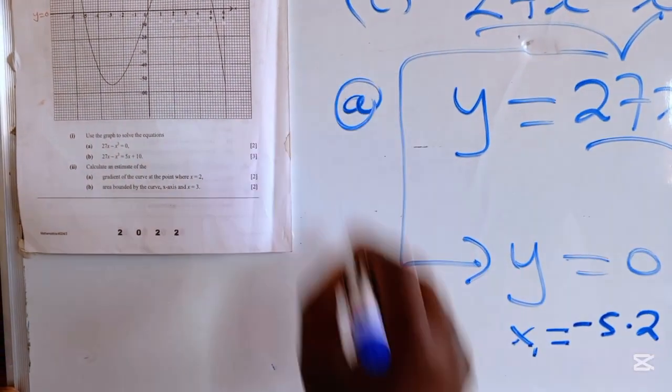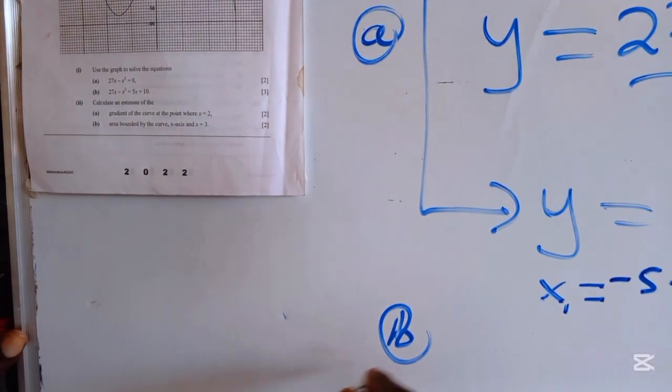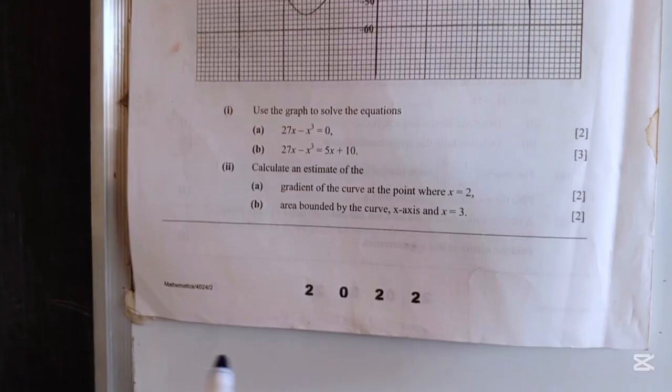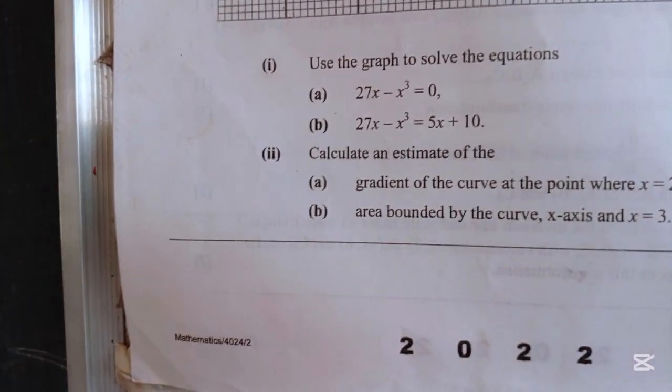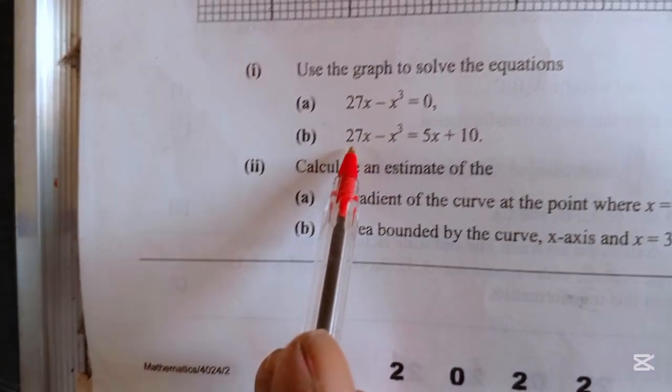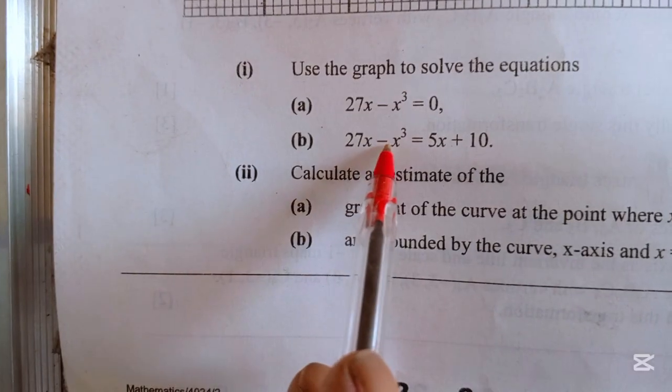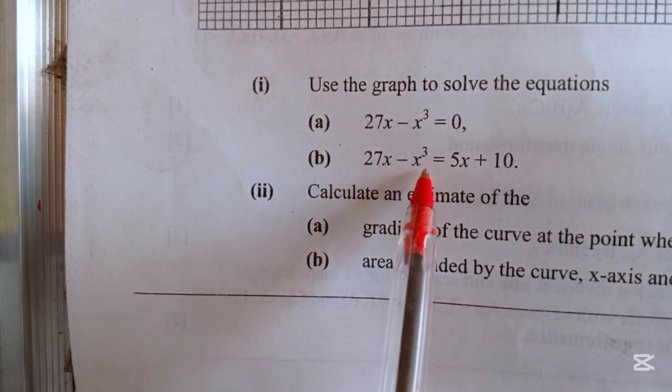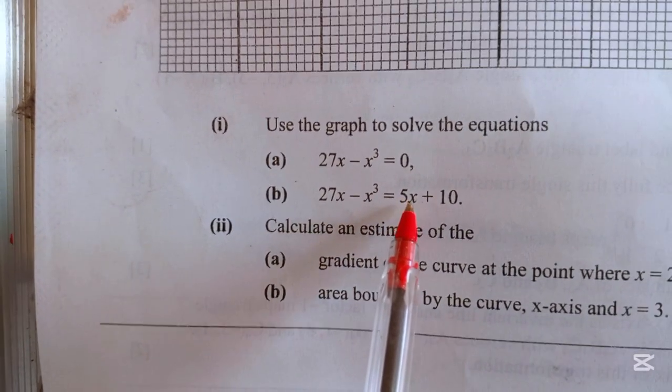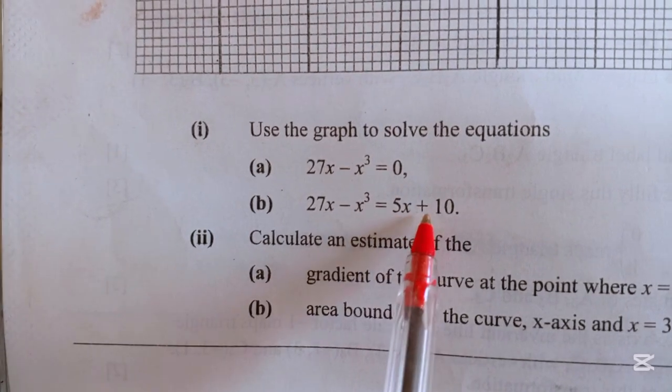My B, they are saying that I should now find the value of 27x minus x cubed equals 5x plus 10.